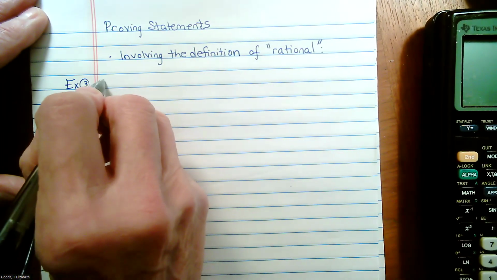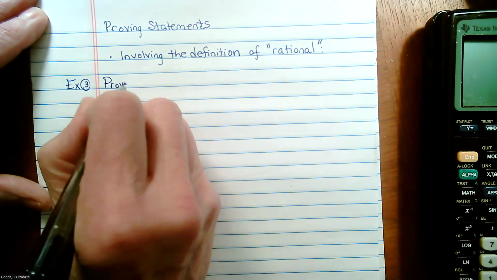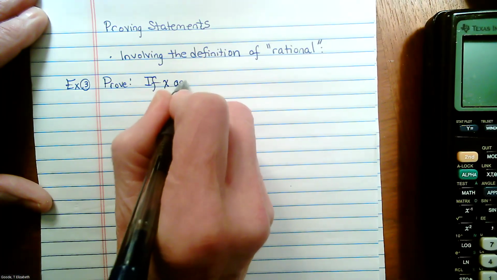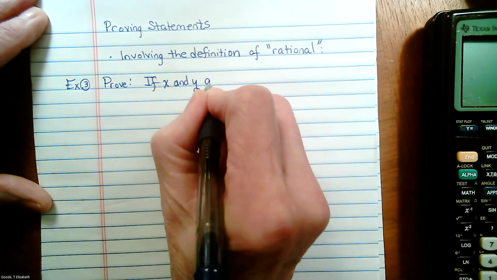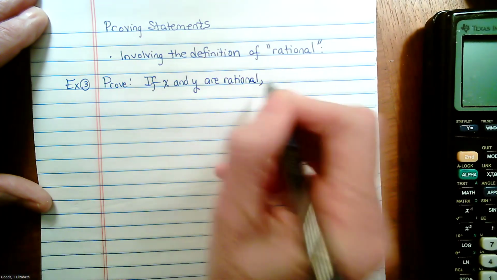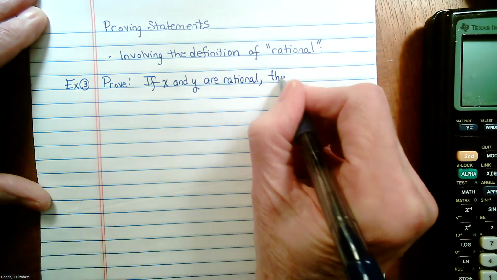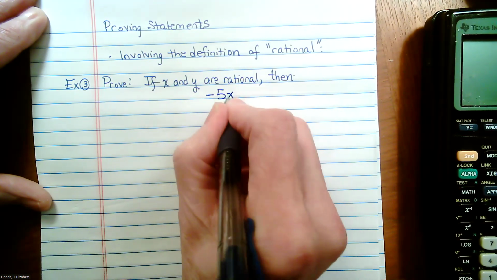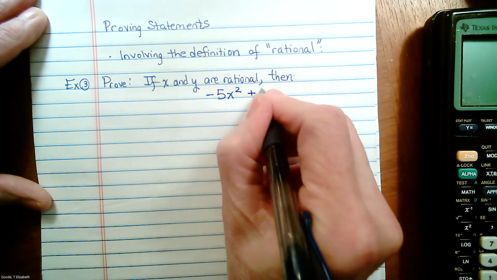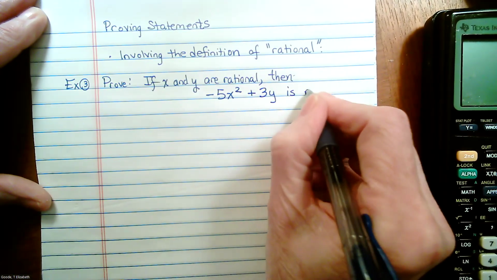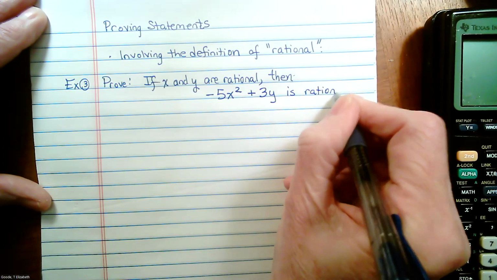So, proof: if x and y are rational, then negative 5x squared plus 3y is rational.